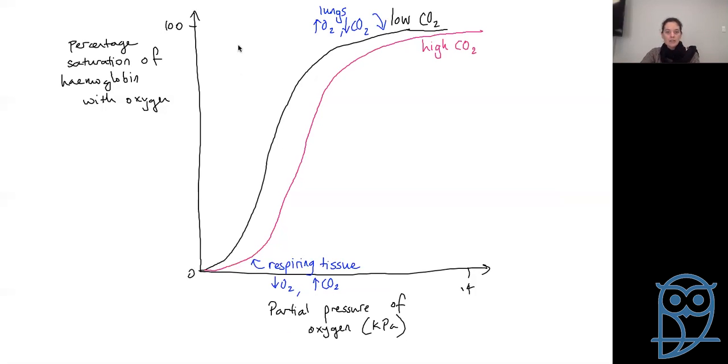So the way I like to do it is to say, okay, at a particular partial pressure of oxygen, what is the difference between these two curves?